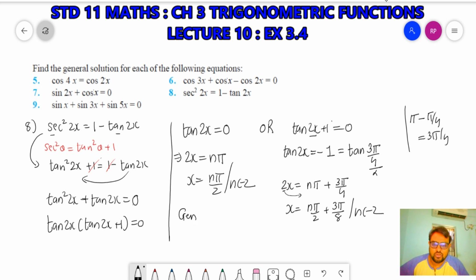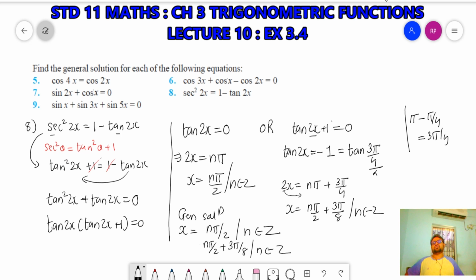So the general solution is x equal to n pi by 2 such that n belongs to z, or n pi by 2 plus 3 pi by 8 such that n belongs to z. Clear? So this was question number 8.